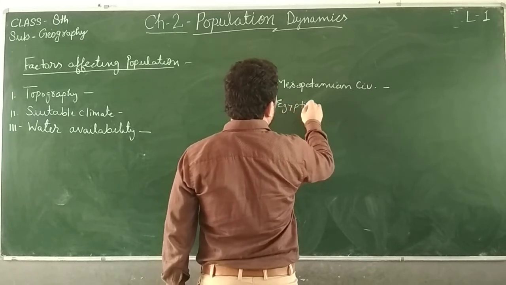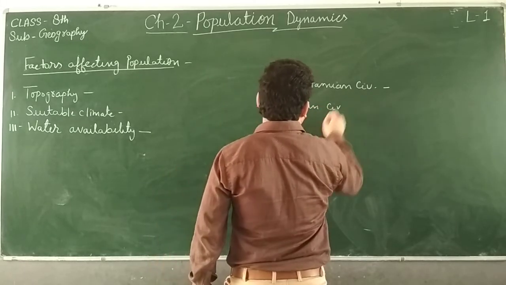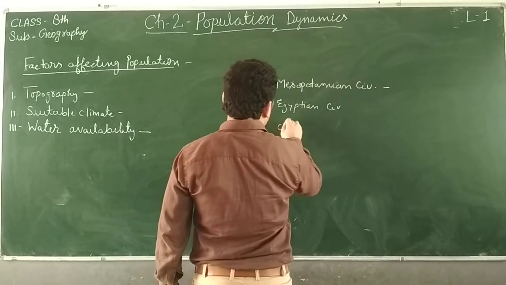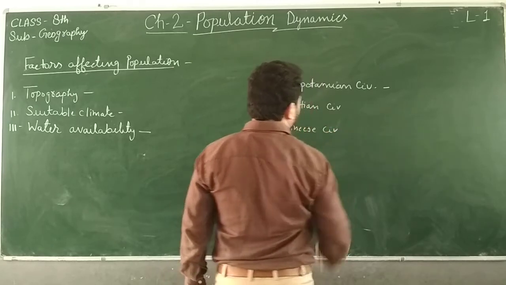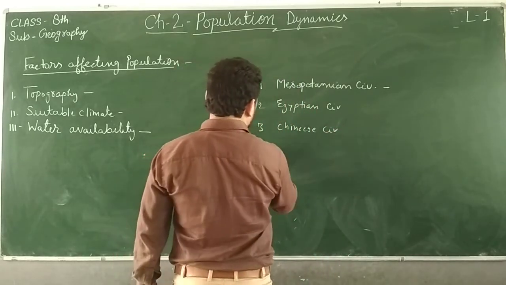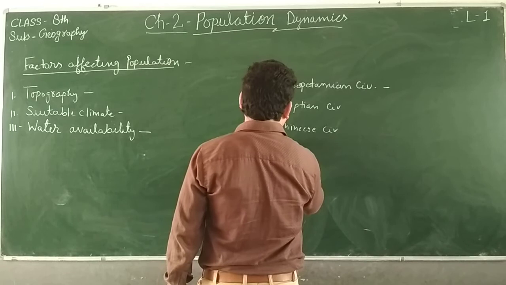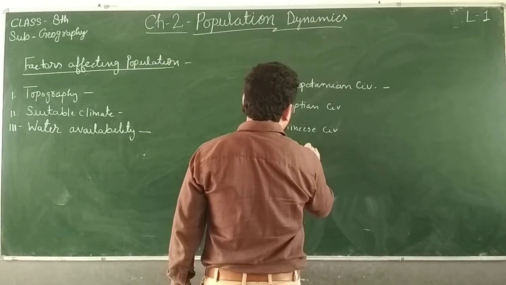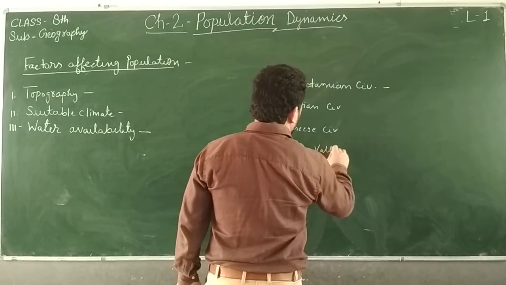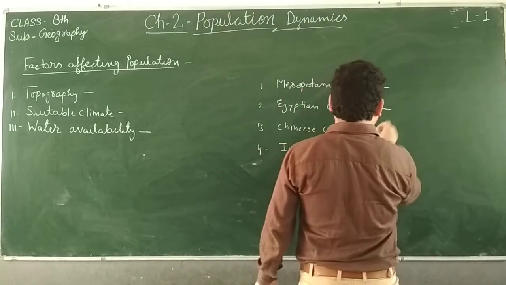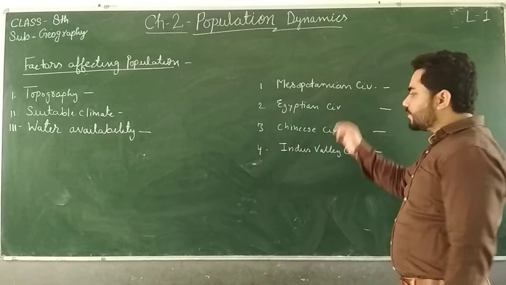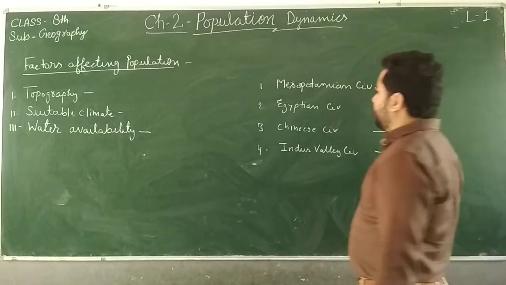I have also taught you Chinese civilization, right? I have also taught you in class 6 the Indus Valley civilization. Now, what is the similarity between these all four civilizations?